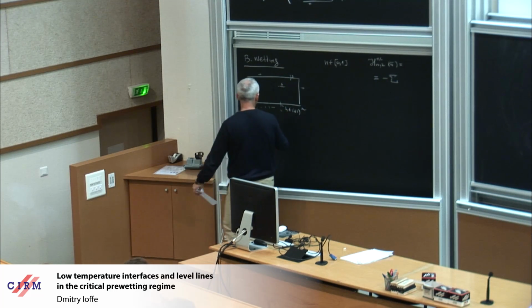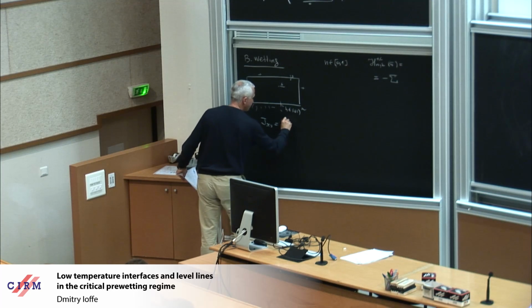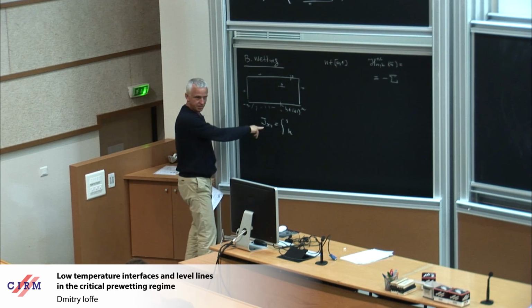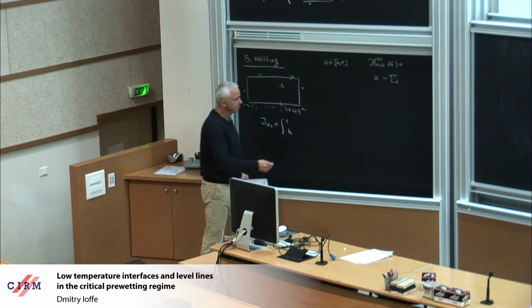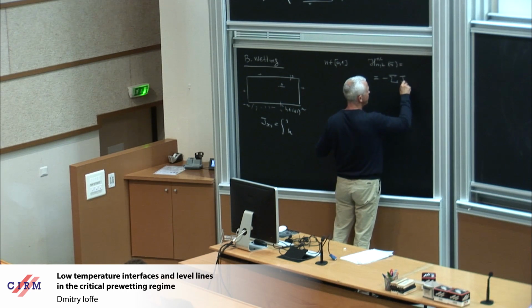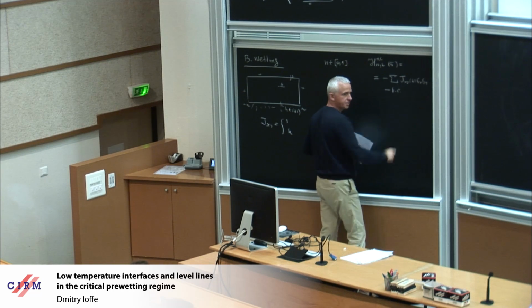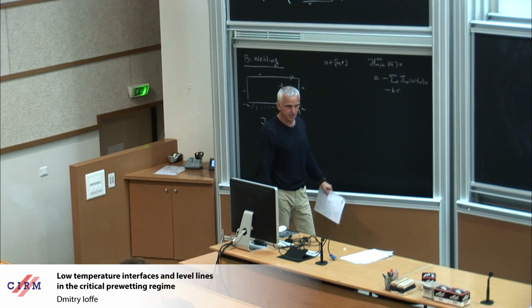So I can write down this coupling constant J_xy, which is either 1 or it is h, as I described here. So I'm writing here this J_xy(h) σ_x σ_y, and then again minus boundary conditions. So this will be a Hamiltonian.